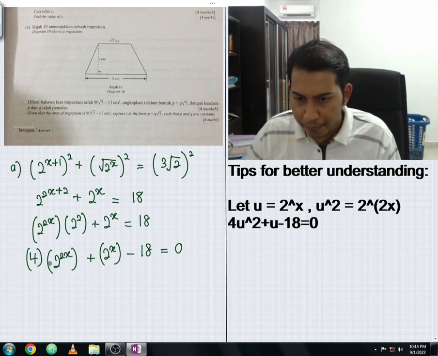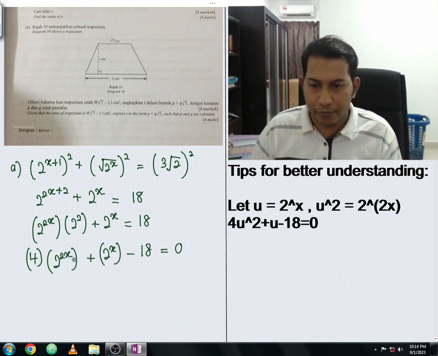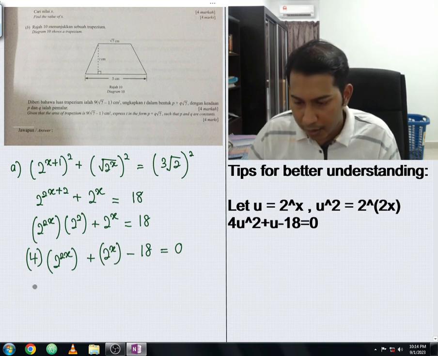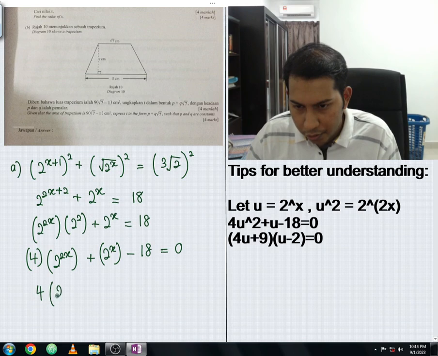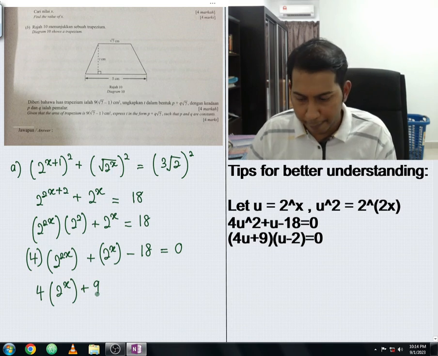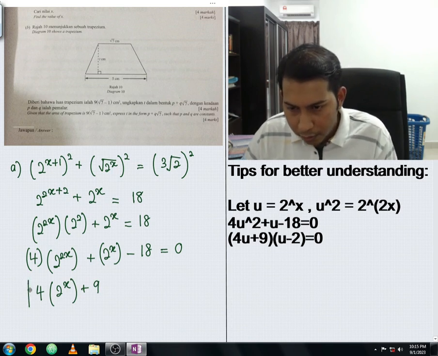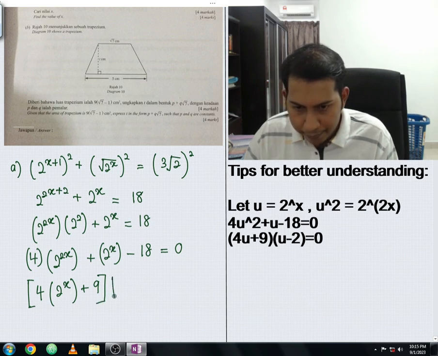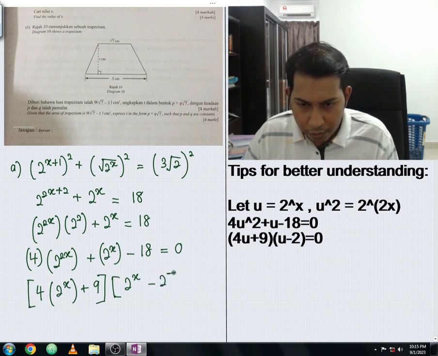So from here we're going to factor out this expression. You should get 4 in a bracket, 2 to the power of x, close bracket, plus 9, close square bracket, and then times 2 to the power of x minus 2.